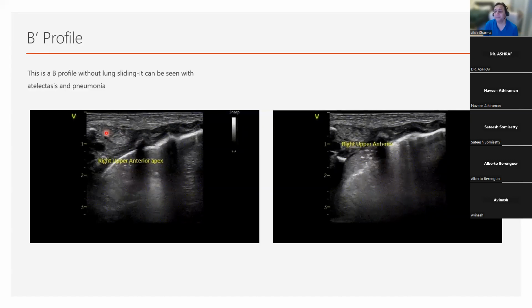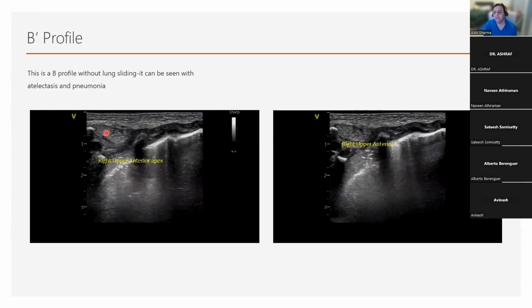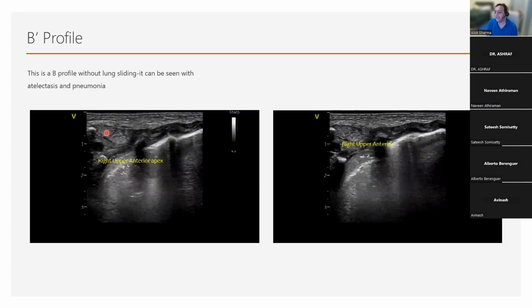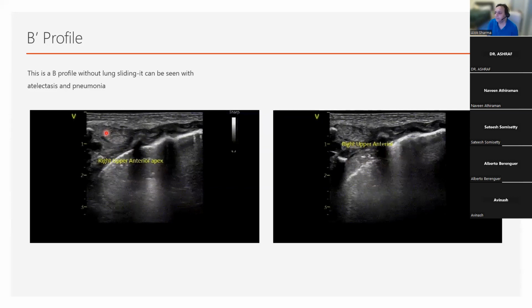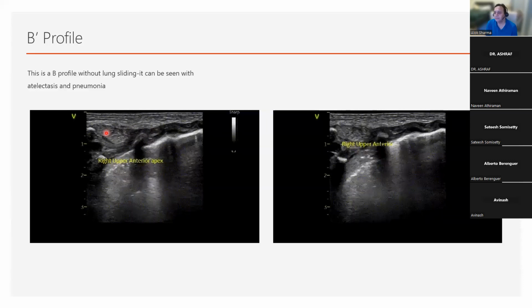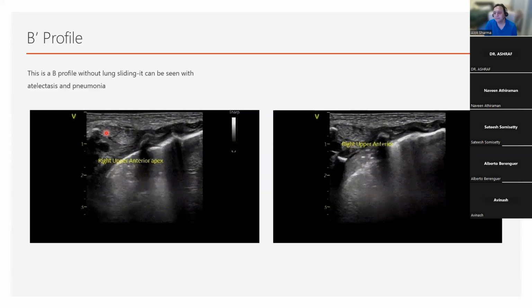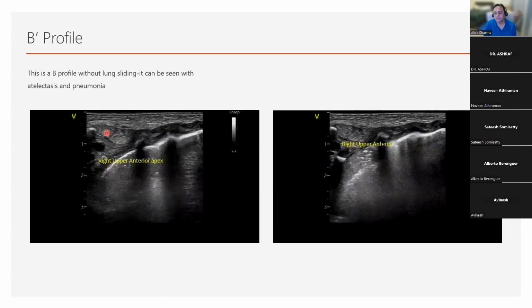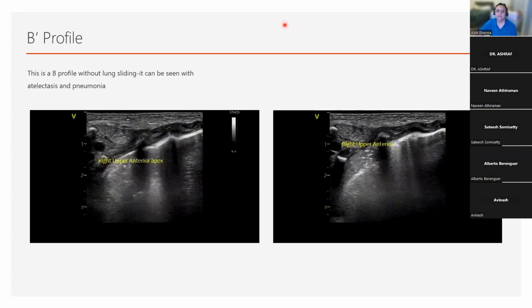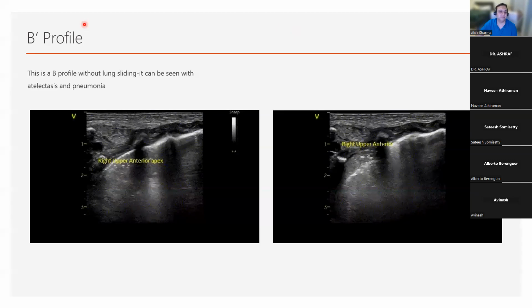Anybody? On the left-hand side, anybody want to have a go? Why is the pleura appearing and disappearing? Nobody?